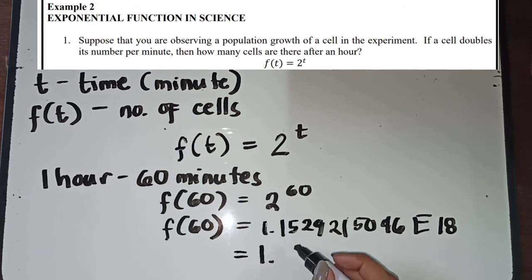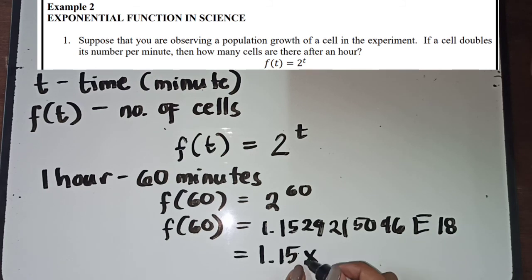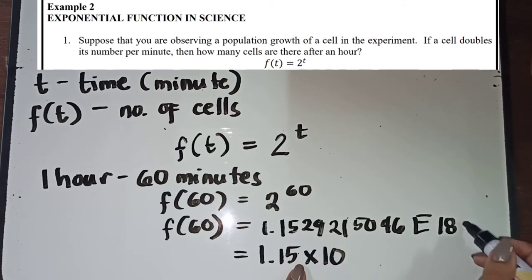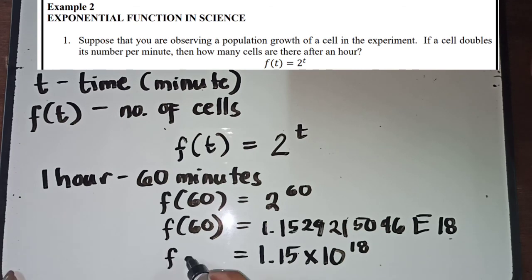So we have 1.15. Again, meron akong e. So times 10. At kung ano yung number na kasunod ni e, so that will serve as the exponent of 10. So we have raised to 18. Okay, so our f of 60 is 1.15 times 10 raised to 18.